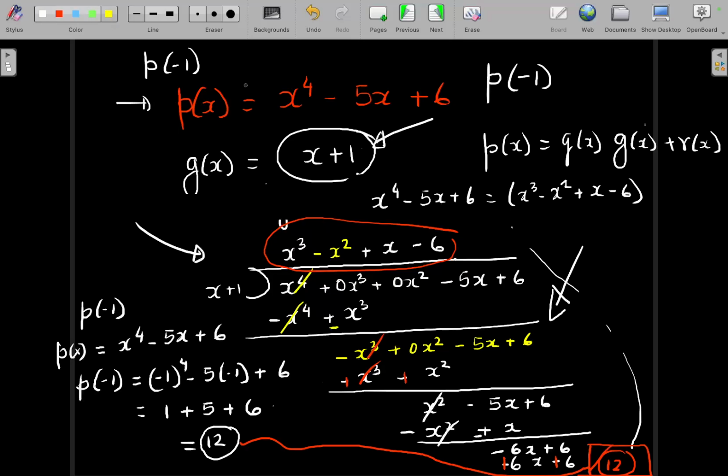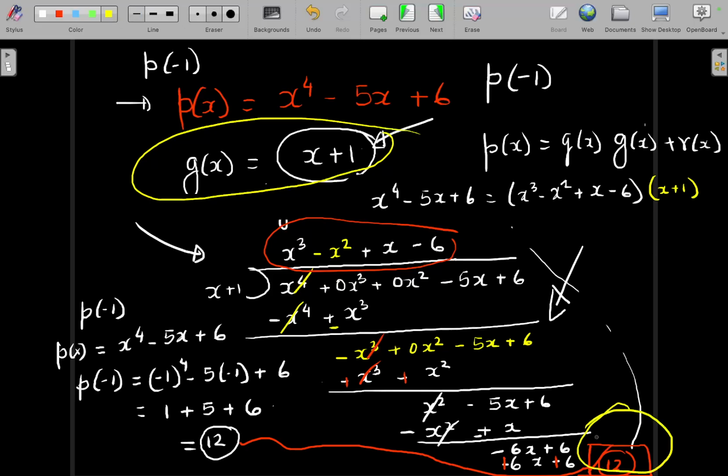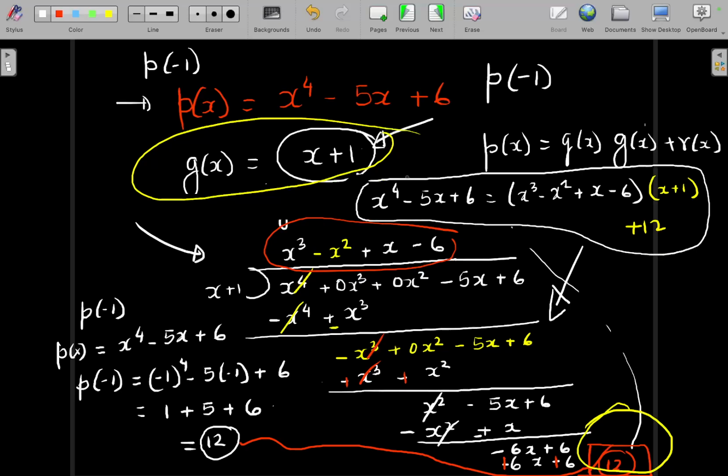Divisor is right here, into x plus 1. And then what is the remainder? Remainder is here. It is 12, plus 12. And this statement that I have just written is absolutely right. If you don't believe it, you can verify it. But it is absolutely right. And these are the two main things that we have learned in this lesson.